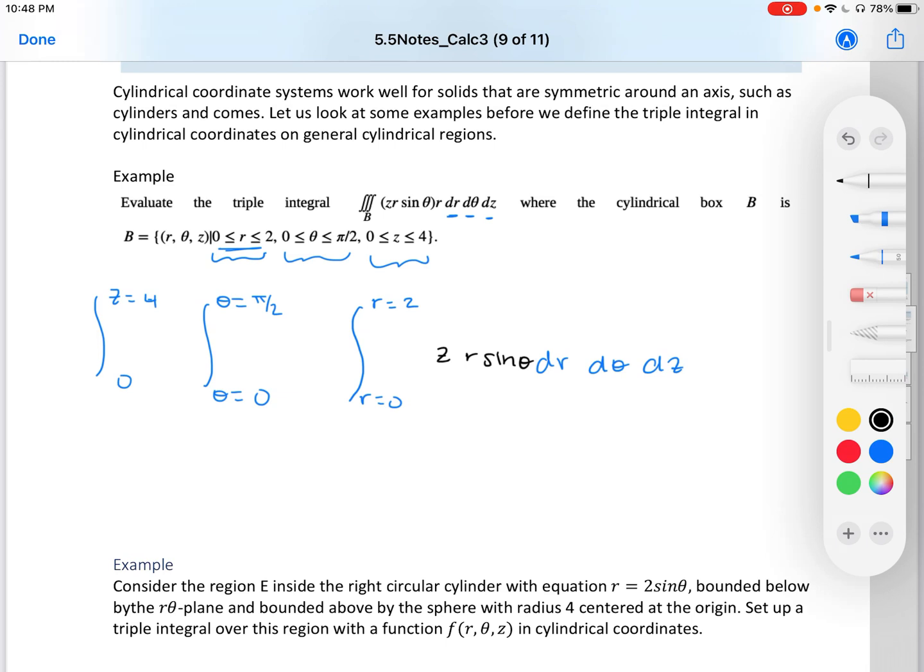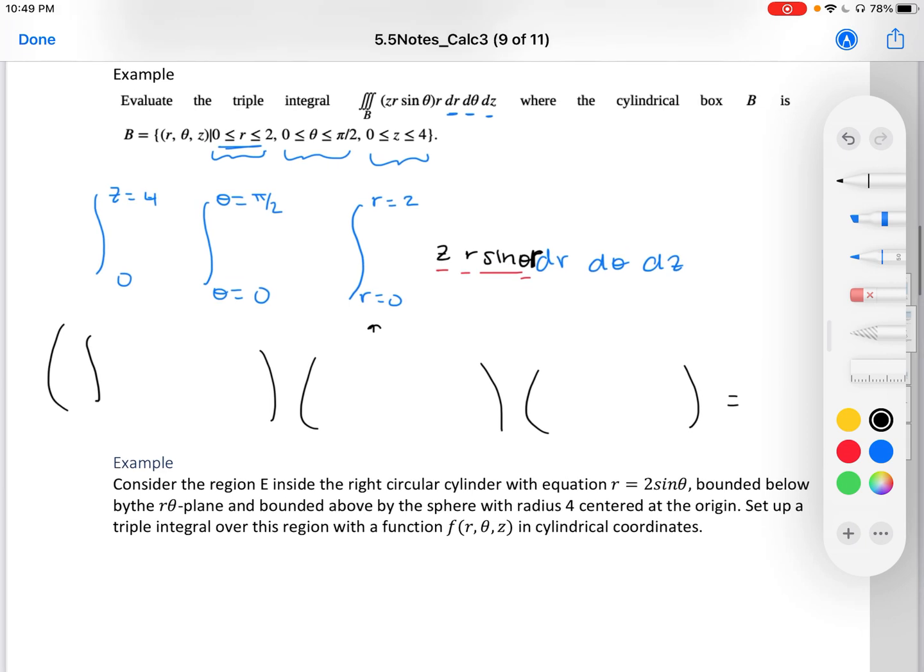We can first take the integral for r, and I forgot that r right here, then for theta and then for z. But if you notice, they're all separate. We have z, sine theta, and then r squared. So you can go ahead and separate them, since they're not dependent on one another.